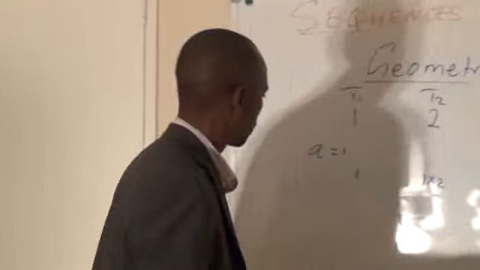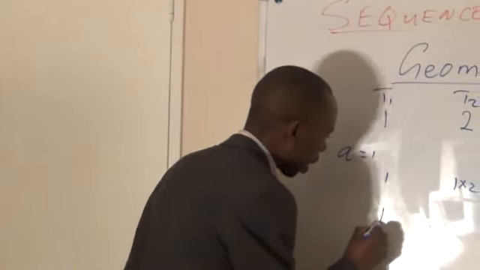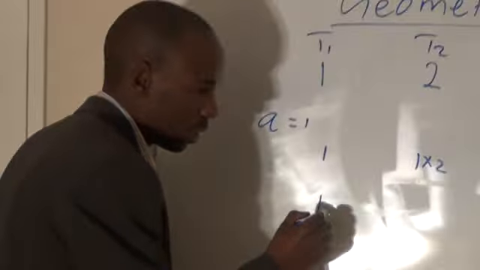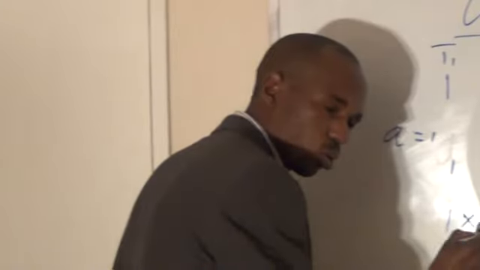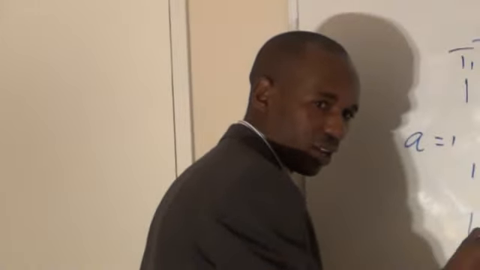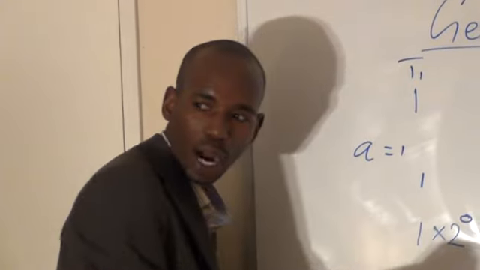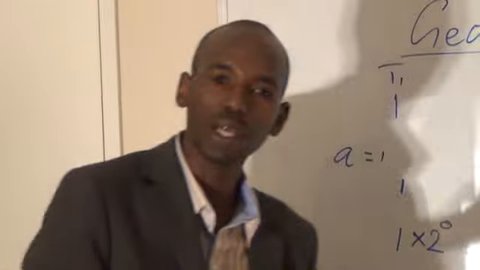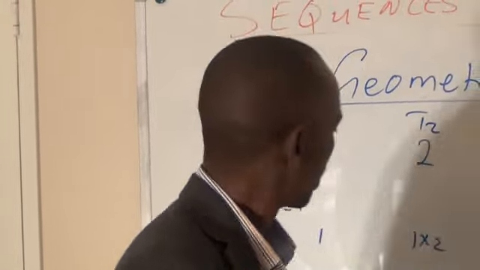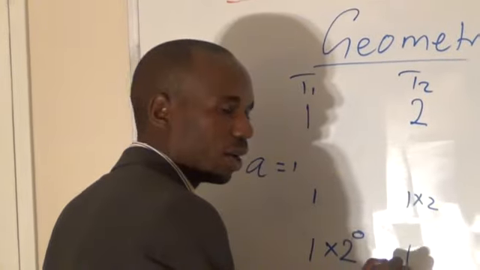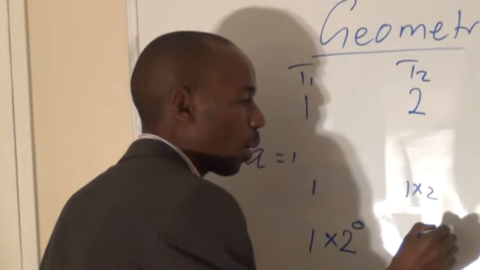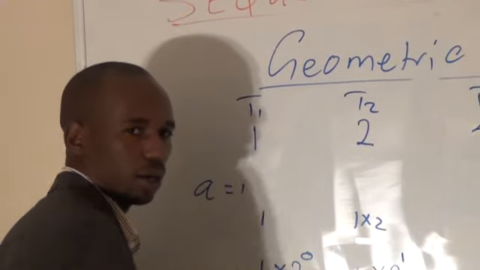If I were to ask you, this is the same as 1 times 2 to the power something. What is that something? 0. Why? Because we know that any number raised to the power 0 is 1. Correct? Yes. This will be the same as 1 times 2 to the power 1.